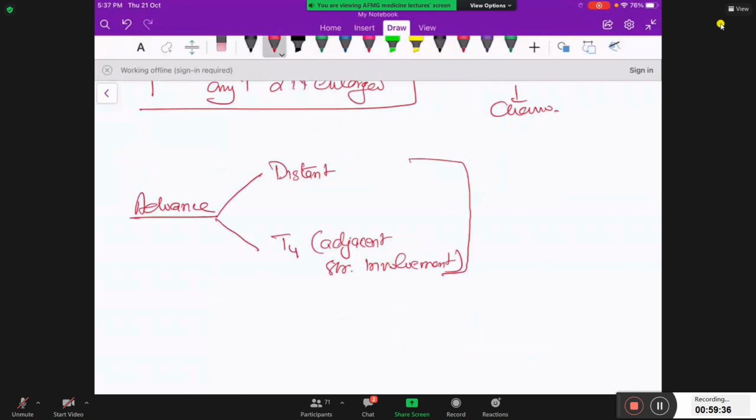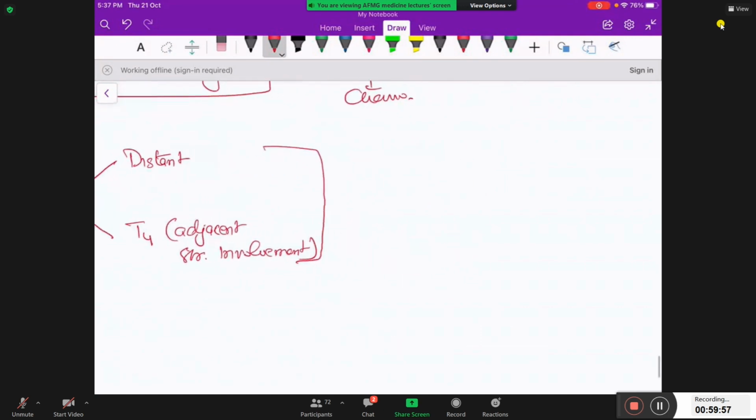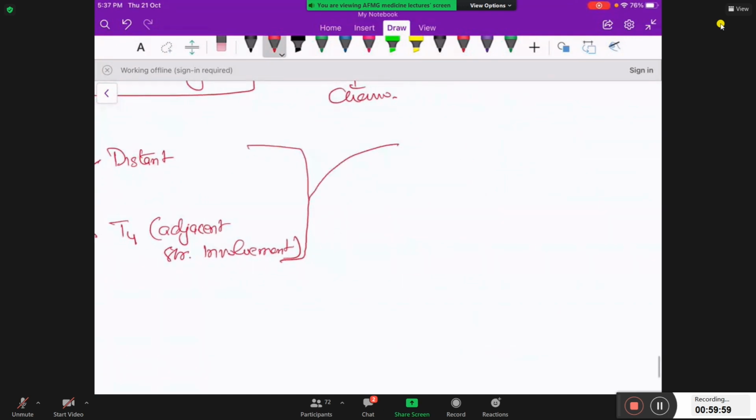What is our primary objective in management of an advanced cancer patient? Quality of life. So we focus on quality of life here. What is causing a problem in the quality of life of these patients?